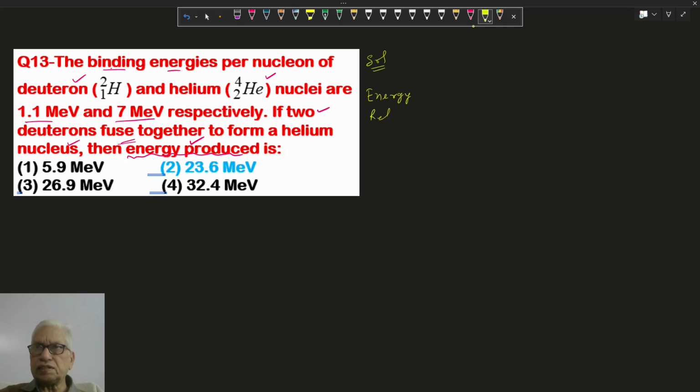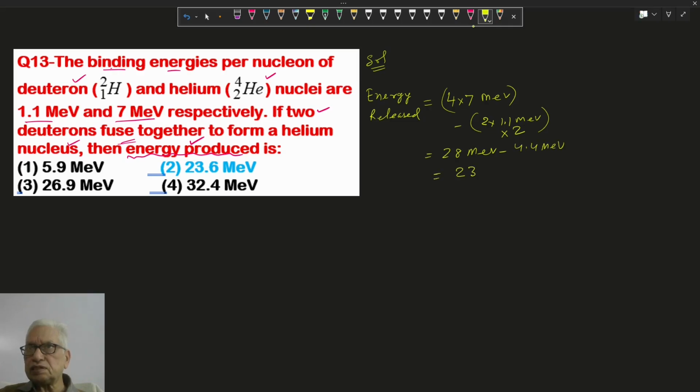Energy released equals helium 4 multiplied by 7 million electron volt minus deuterium 2 multiplied by 1.1 million electron volt, and there are 2 deuteron nuclei. So 28 million electron volt minus 4.4 million electron volt, and the difference coming here is 23.6 million electron volt energy released. So option 2 is correct.